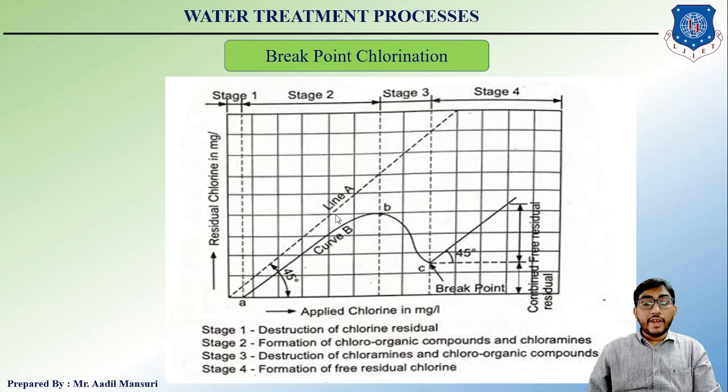The breakpoint stage is represented by the instantaneous yellow color of the orthotolidine test. Generally, breakpoint lies between 3 to 7 milligrams per liter of chlorine dose, though it is greatly influenced by the quantity of free ammonia present in the water.